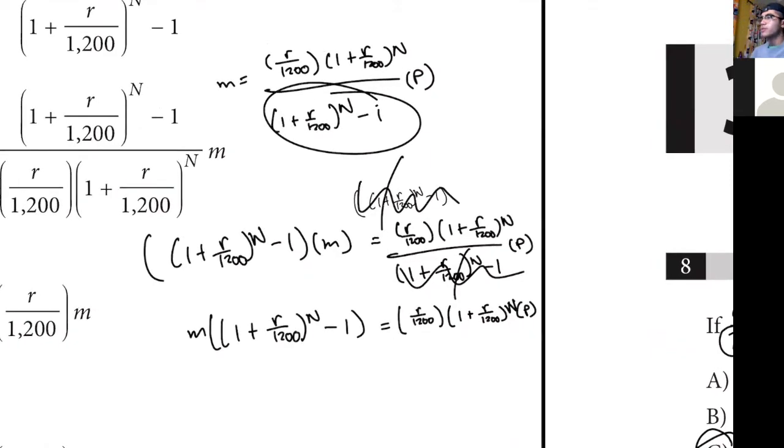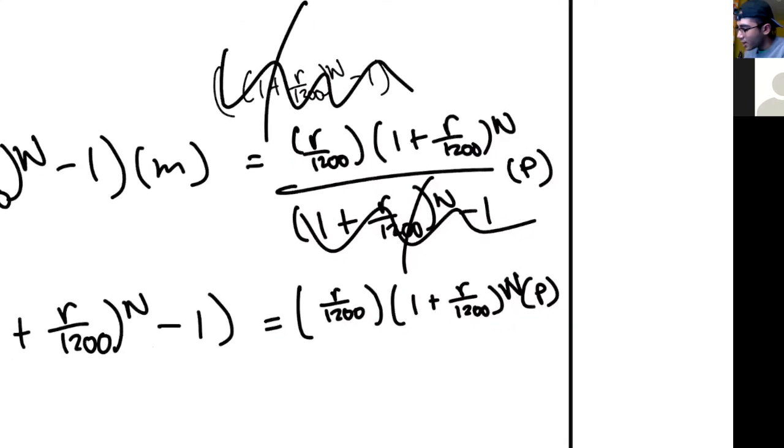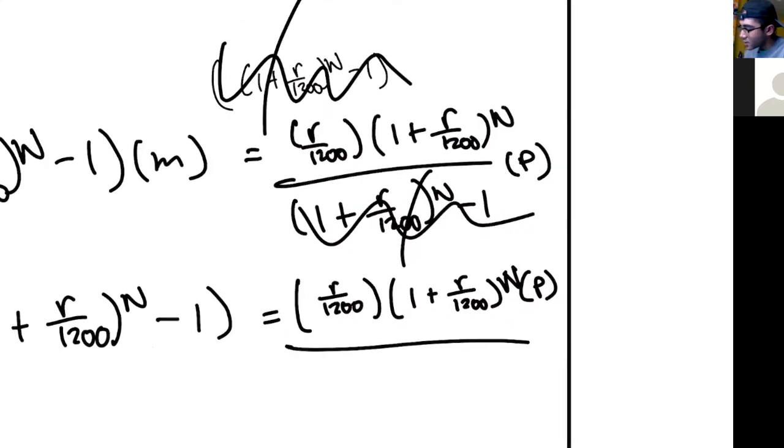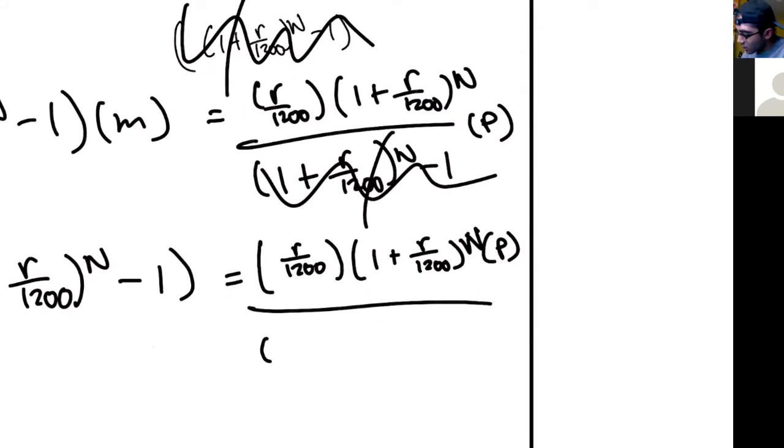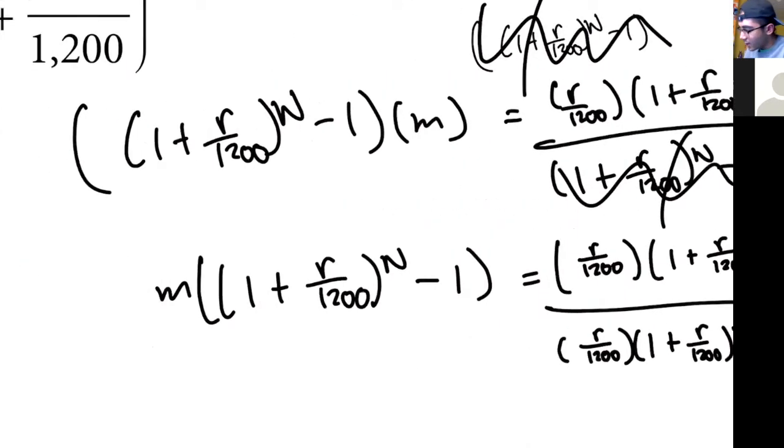Now, all we need to do, right? Instead of getting rid of each variable one at a time, just get rid of all of it at once. What I mean by that is just divide both sides by this: r over 1200 multiplied by (1 plus r over 1200)^n, right? And then we have to divide this side as well.